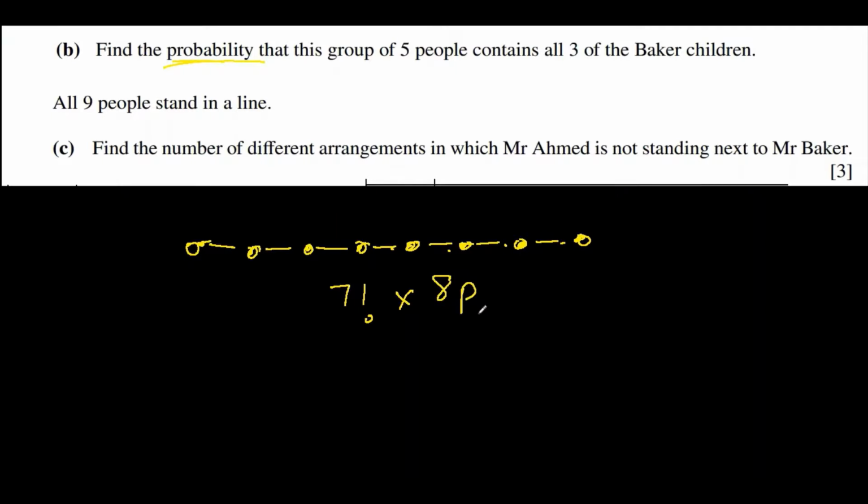So 8 of them, and we have to select 2 places for Mr. Baker and Mr. Ahmed. Since they are different people, we are using permutation here. We are not using combination. In previous examples in this video, we used C because we had the same alphabet, identical things, but Mr. Ahmed and Mr. Baker are different, so we have to use permutation here, and that will give us our answer.